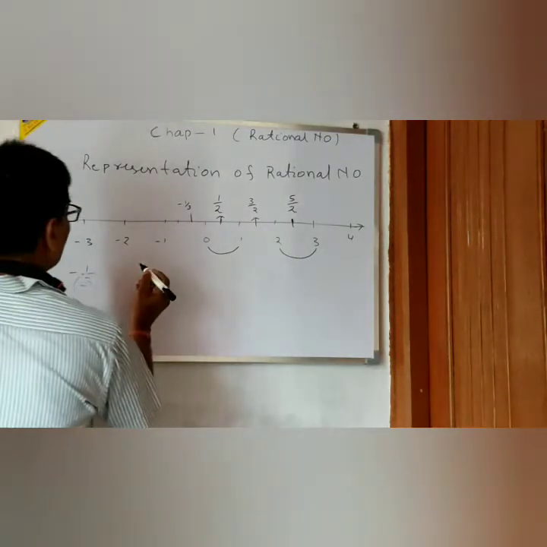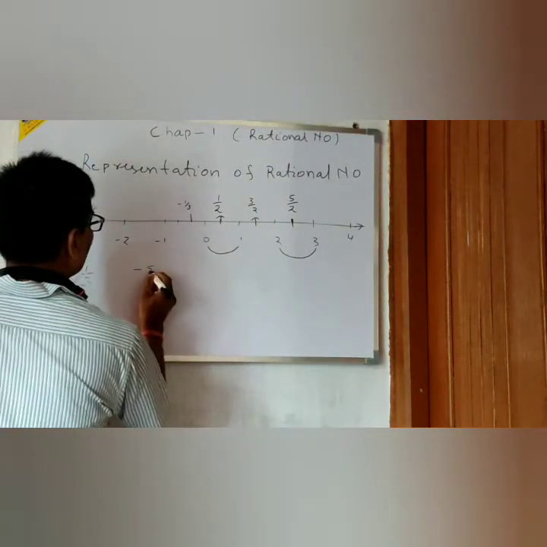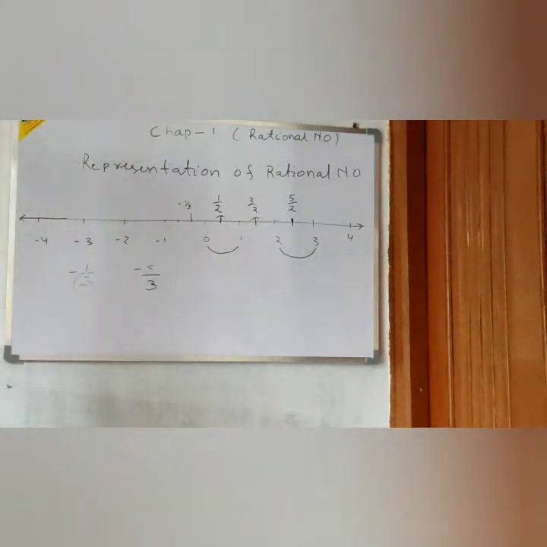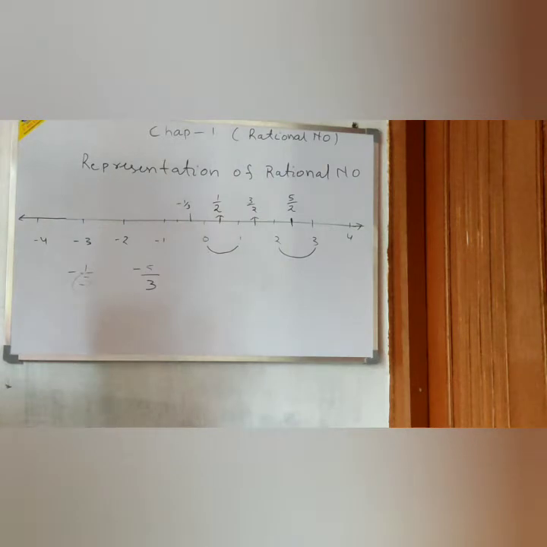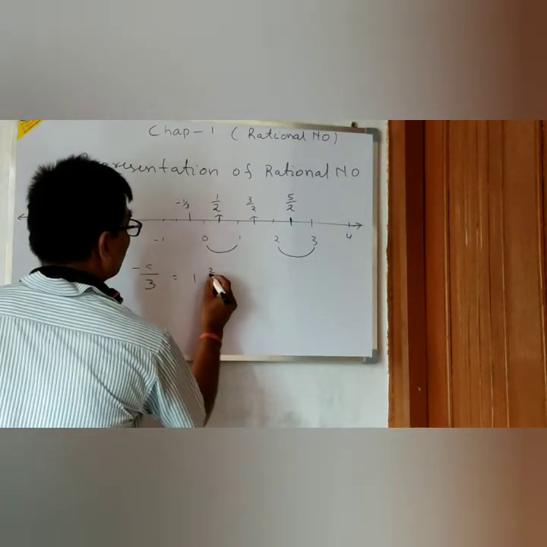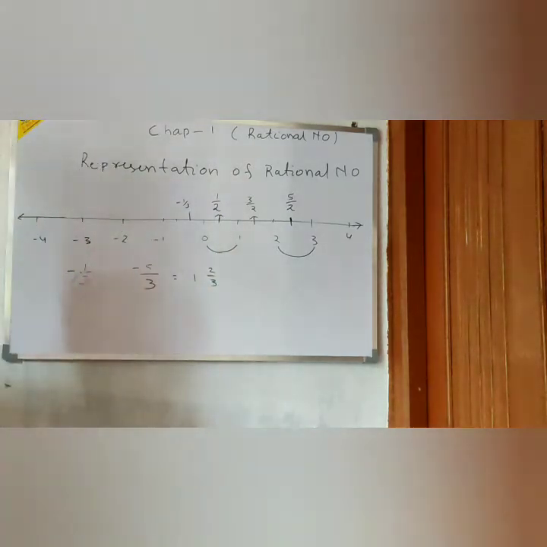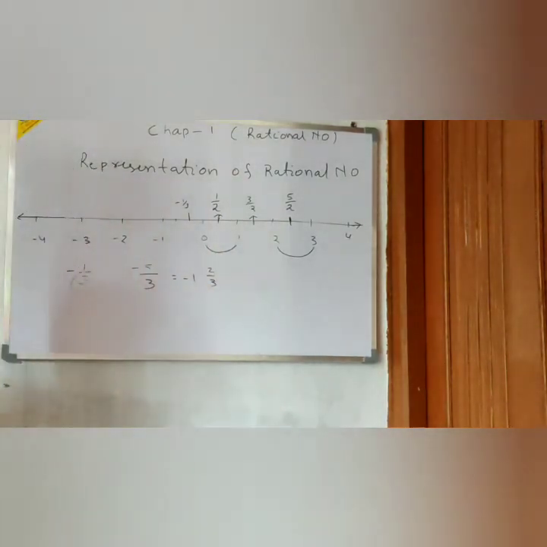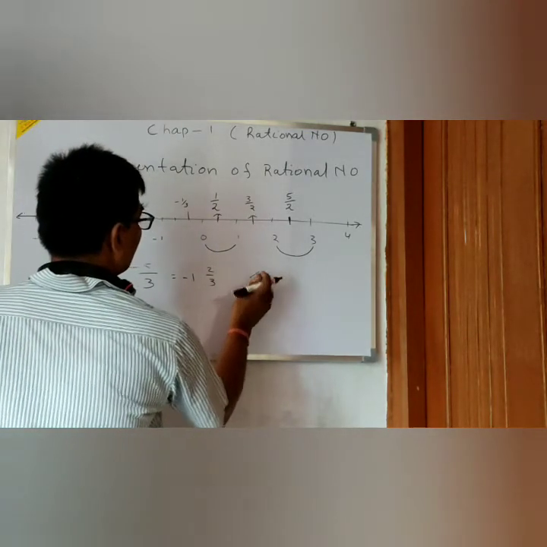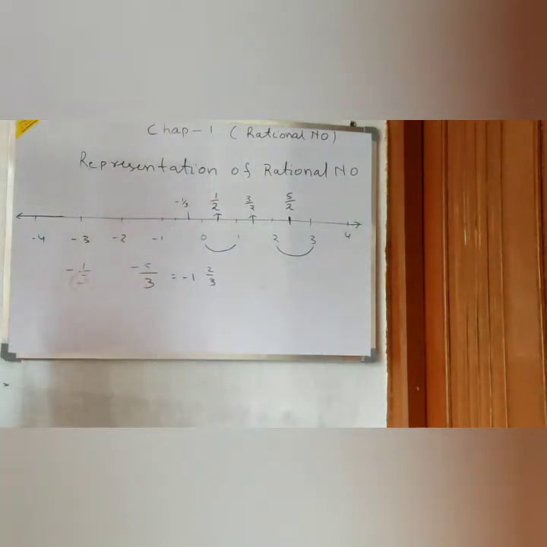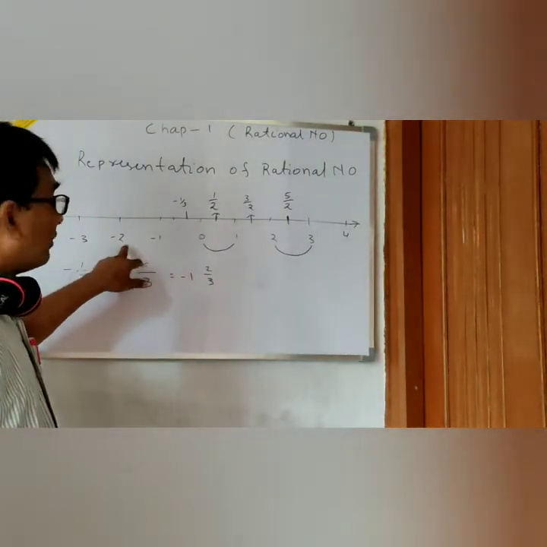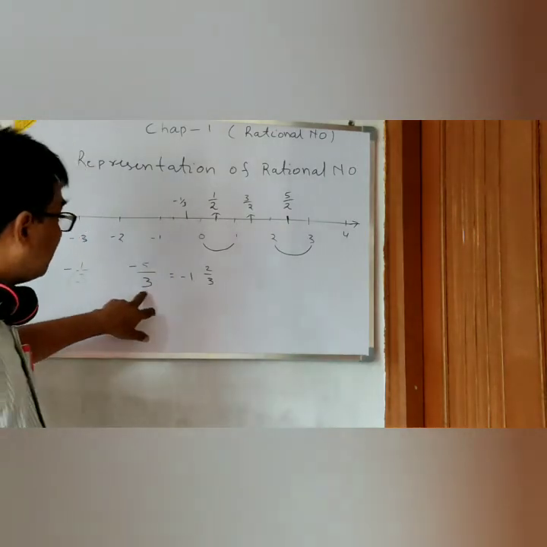In this way, if we want minus 5 by 3, where is minus 5 by 3 located? Minus 5 by 3 is equal to minus 1 integer 2 by 3. It is greater than minus 2 and less than minus 1. This number is represented on the number line between minus 1 and minus 2. How many parts do we have?